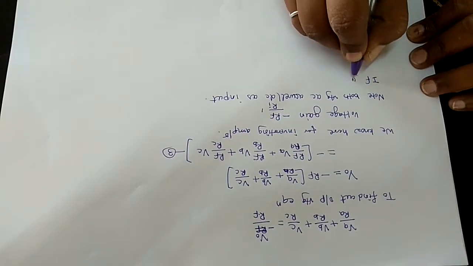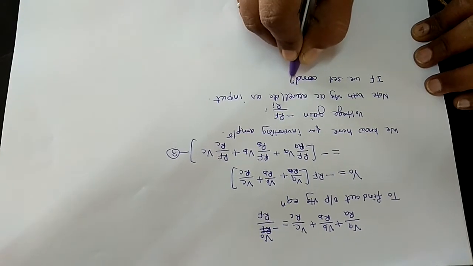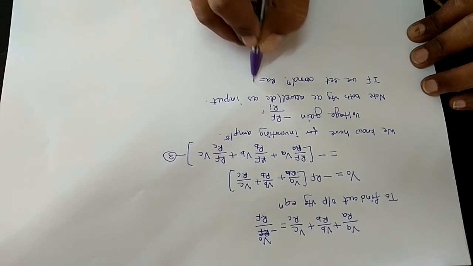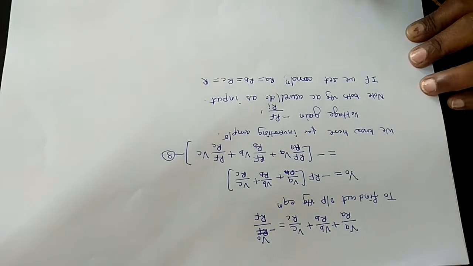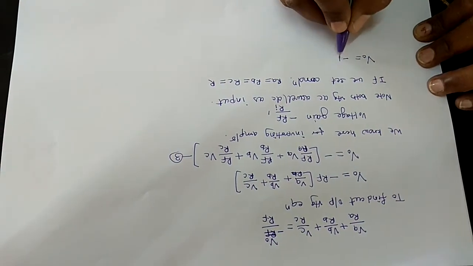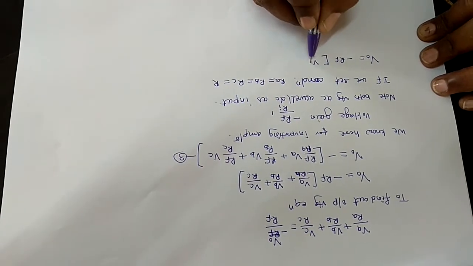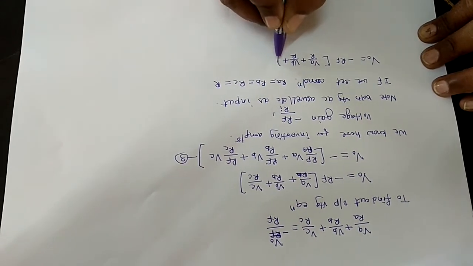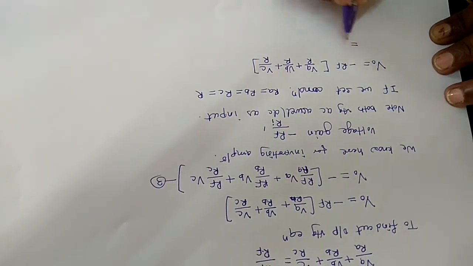If we set one condition, that resistor RA is equal to RB is equal to RC is equal to R, the output voltage equation can be written as minus RF outside, into the bracket VA by R plus VB by R plus VC by R. So all resistors are common.